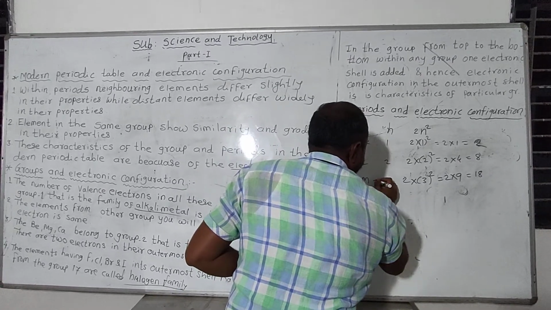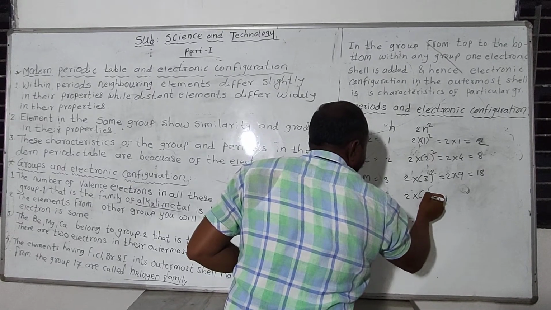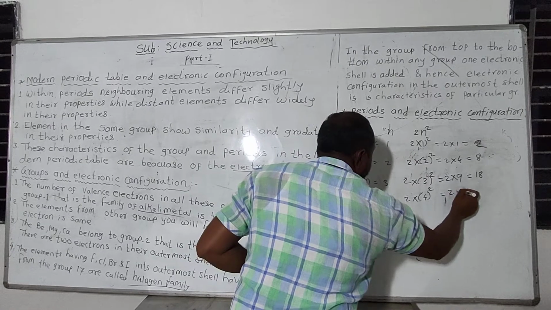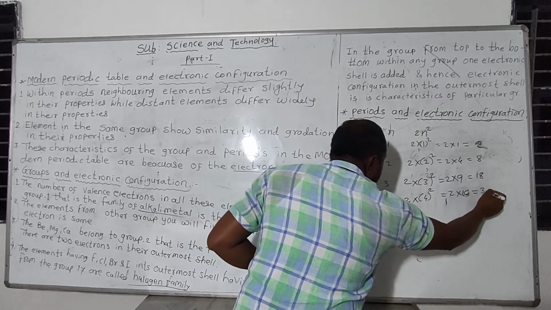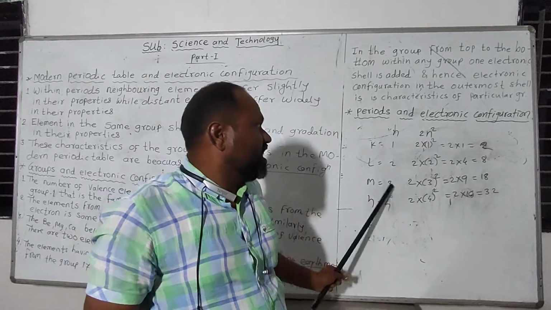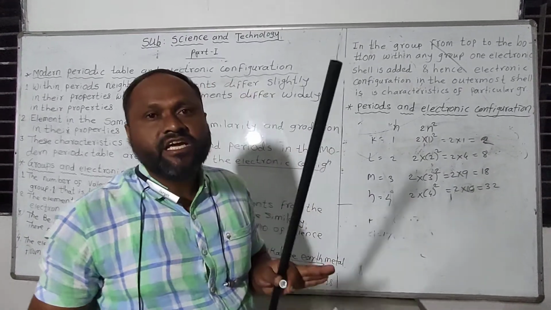Then the N cell, n is 4. 4 squared is 16, and 2 multiplied by 16 gives the capacity of the N cell, which is 32. So K has capacity 2, L has capacity 8, M has capacity 18 and N has capacity 32.